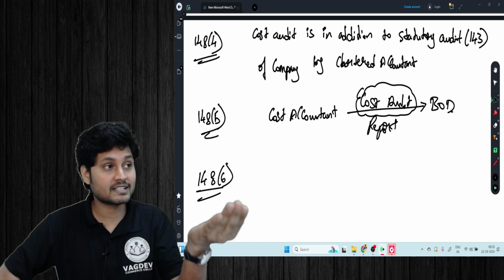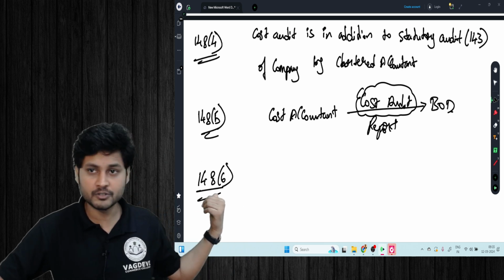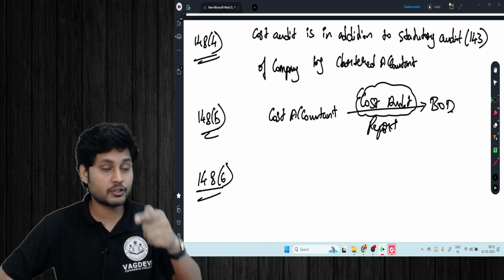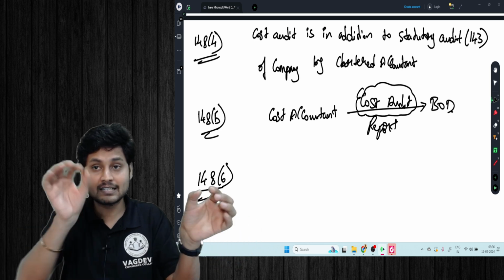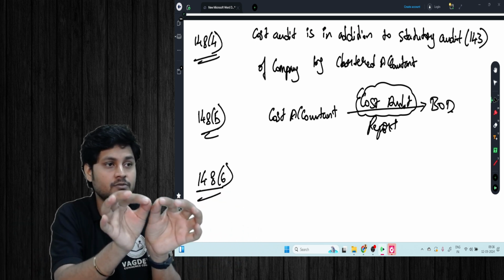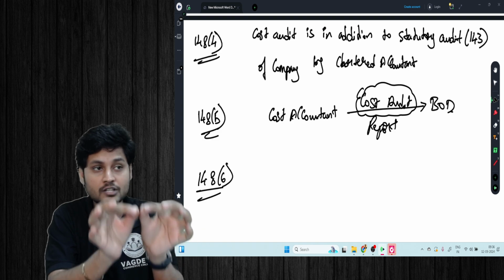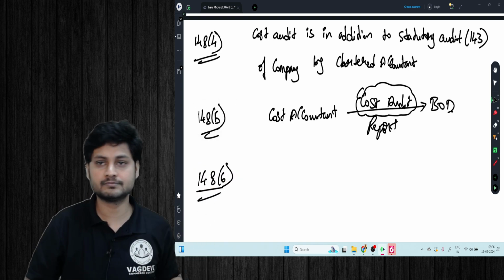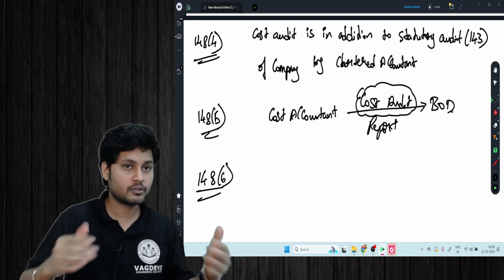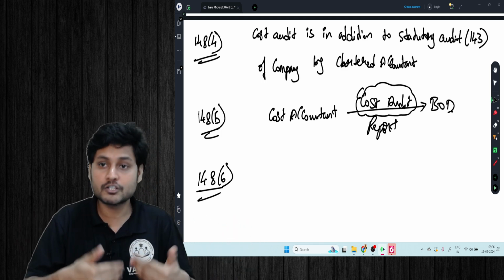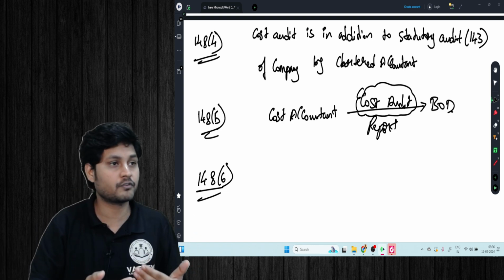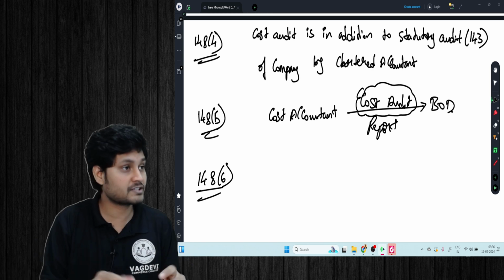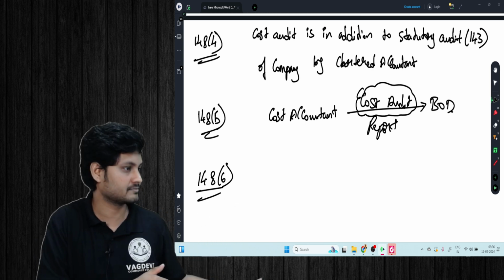Those reasons must be specified in this cost audit report, and the board of directors need to explain that reservation, and that explanation shall be annexed to the cost audit report, and that report should be given to whom? Central government.